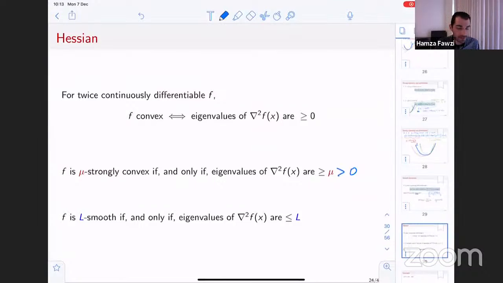There is also a very nice characterization of mu strong convexity and L smoothness in terms of the Hessian of f. The function is mu strongly convex if and only if the eigenvalues of the Hessian are all bigger than mu, where mu is a strictly positive number. As the name suggests, it's something stronger than convexity. You want not only that the eigenvalues are non-negative, but that they are strictly positive with a certain bound.